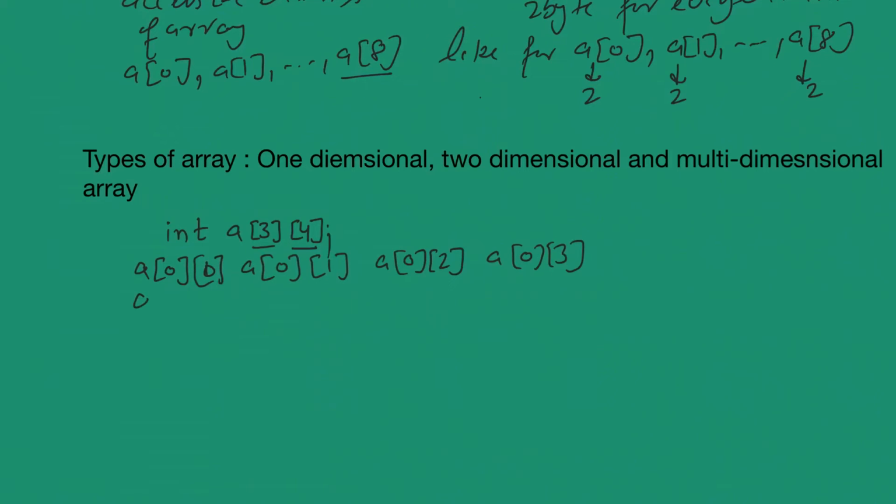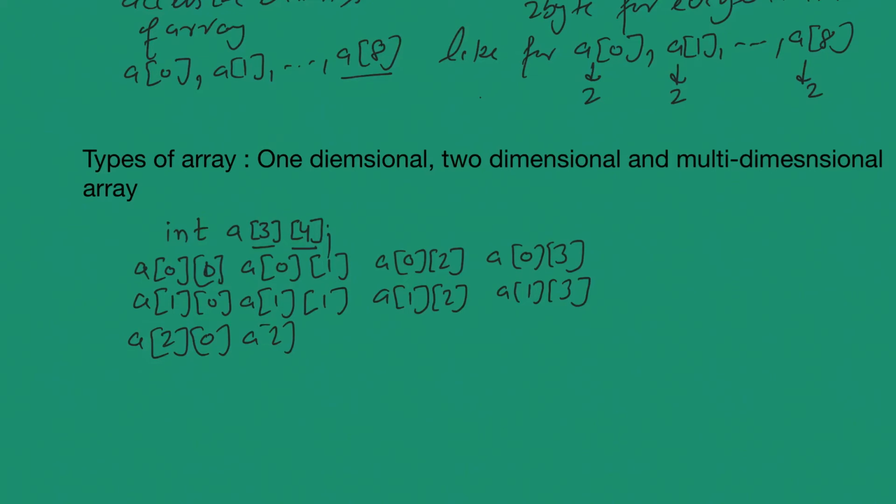The second row will be accessed through a10, a11, a12, a13, and the third row a20, a21, a22, a23.